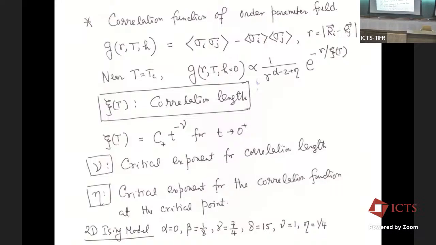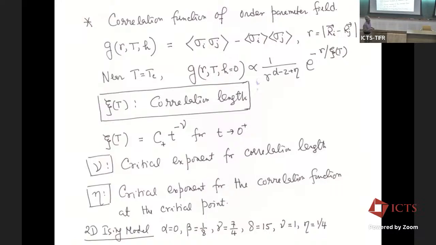This is how one defines a spin-spin correlation function, which will depend on the distance between site i and site j. I've called this R, the distance between site i and site j. And one wants to find out how this correlation function behaves as a function of R. As you go to larger R, how does it fall off?